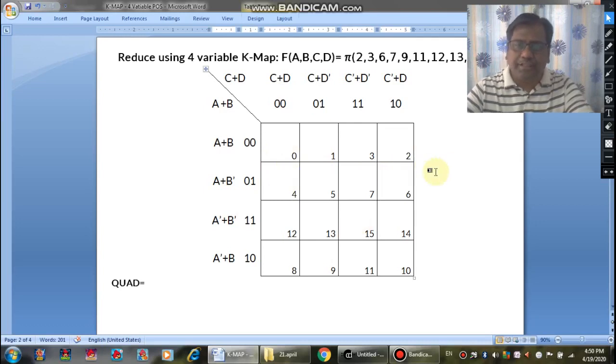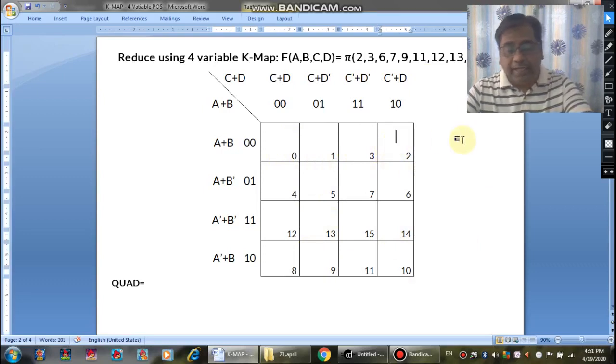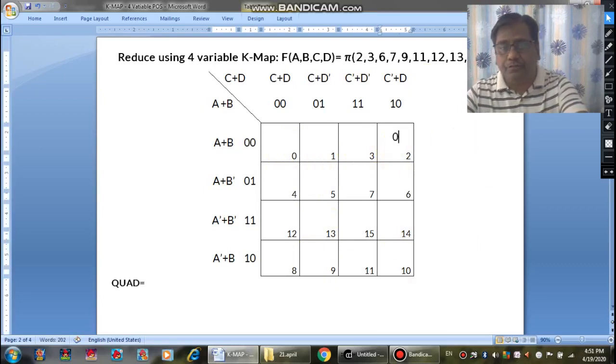The structure is the same as we have learnt earlier. First you have to create a grid, fill the gray code, fill the max terms, and at the bottom right corner of each cell fill the cardinal numbers. Now we will start plotting the values, and here we will plot 0 instead of 1.